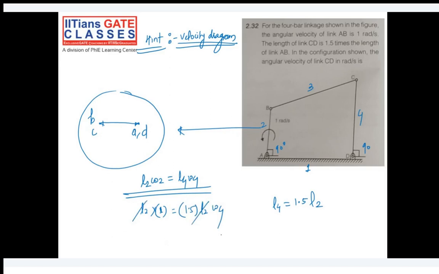Omega 4 would be 1 divided by 1.5. How much is that? That is 2 by 3. Yes, 2 by 3 is the correct answer. You can write it as 0.667.